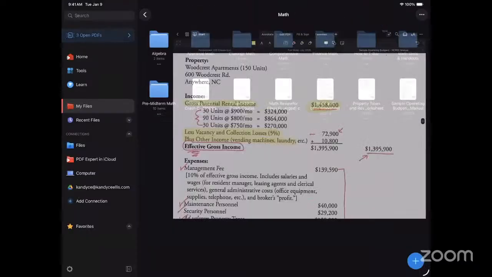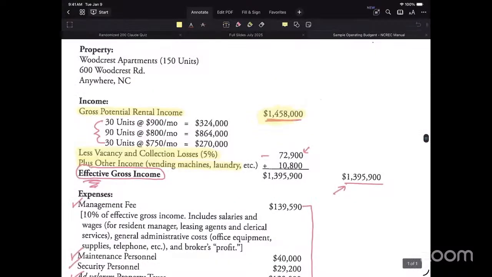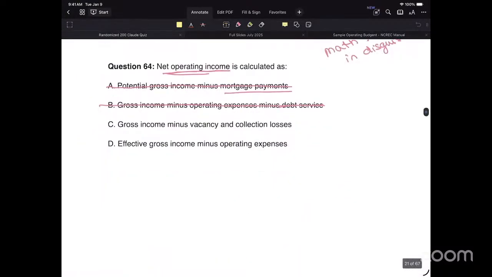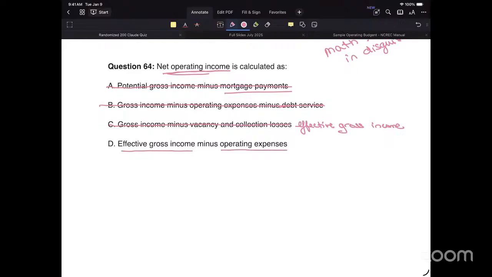So what we want is not C, because that would be our effective gross income. Instead, we want to take our effective gross income and then subtract out those operating expenses. This is our answer.